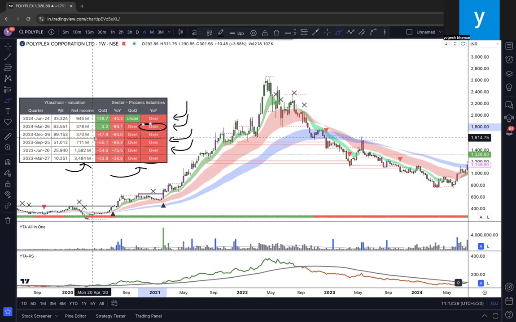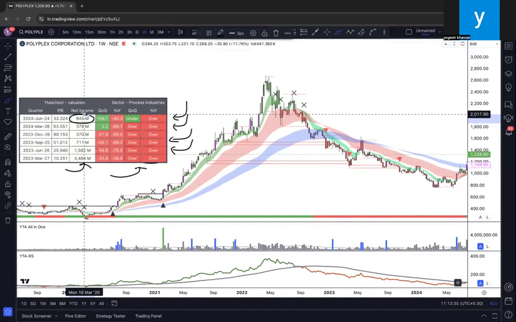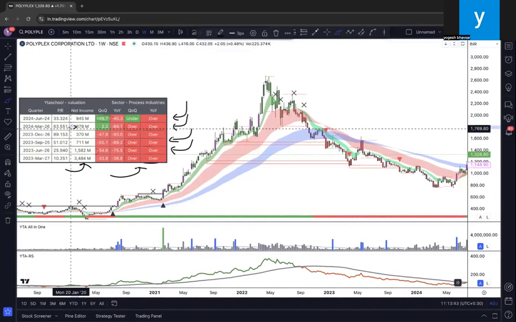Then what happened? In the current quarter, the company made 945 million, which was 150% higher than the last quarter. Now my system said, okay, fine. Now tell me what valuation you are asking. It said, fine, I will ask only 33 PE.